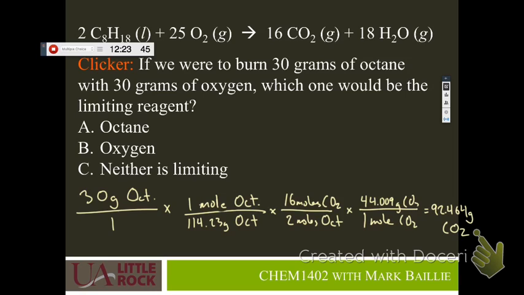And then if we were to do the same calculation for our O2, what's different? Obviously we're going to start with 30 grams of O2 out here. I'm going to change the color. Is this going to be the same conversion factor? Yeah.